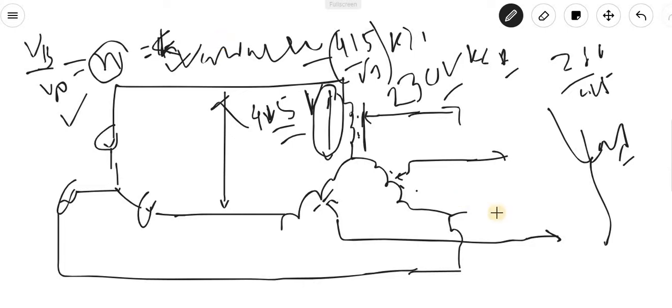Now see what happens: if the voltage is coming with respect to this ratio, then the current also obviously depends on this, because we know that input VA and output VA are equal.